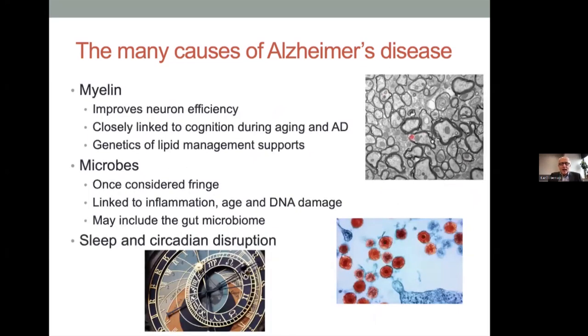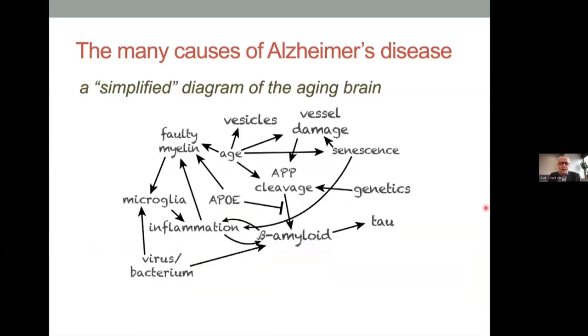I happen to like myelin, and we'll talk about that in a minute. Microbes. The pathogen theory of Alzheimer's is actually gaining ascendancy. Sleep and circadian disruption. I mean, the list is endless, and to focus on just amyloid is, I think, counterproductive and is probably holding us back.